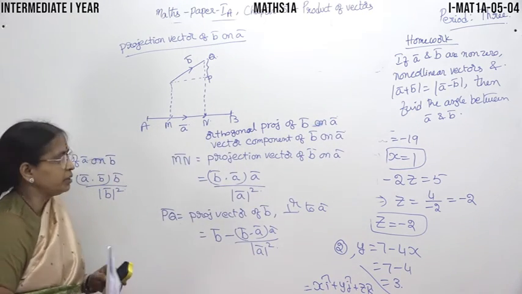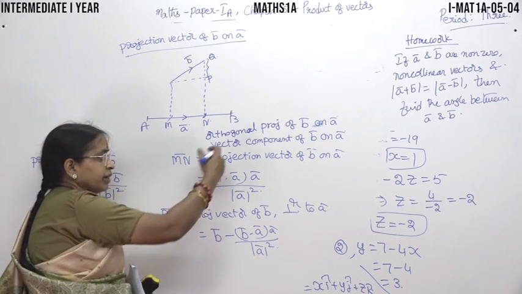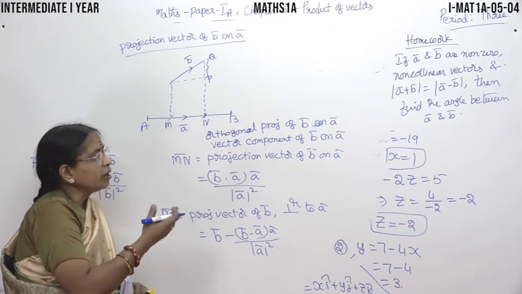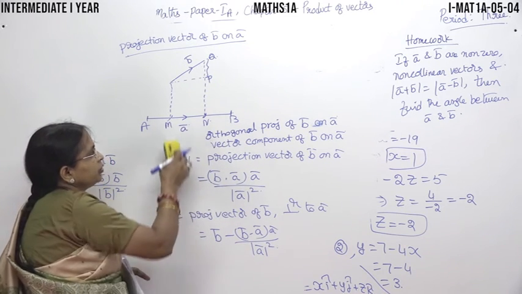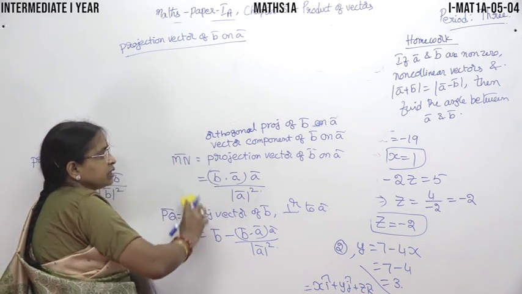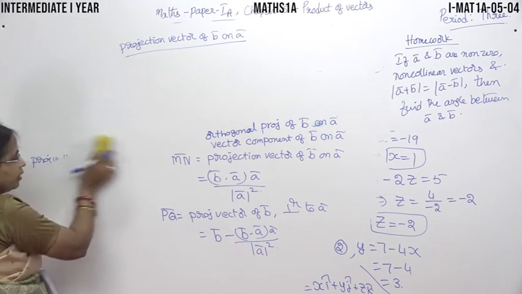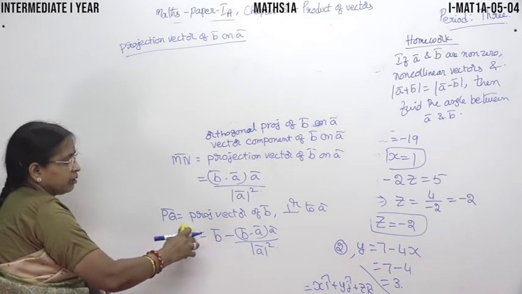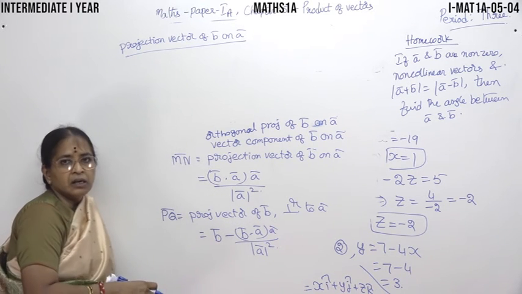In some problems they mention find the orthogonal projection of B on A, or vector component of B on A, or projection vector of B on A. So you need not worry about this figure. You just learn the formula. The orthogonal projection of B on A, and the orthogonal projection vector of B perpendicular to A, like this.